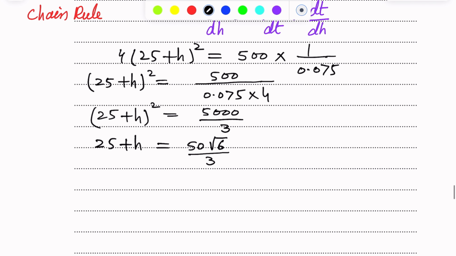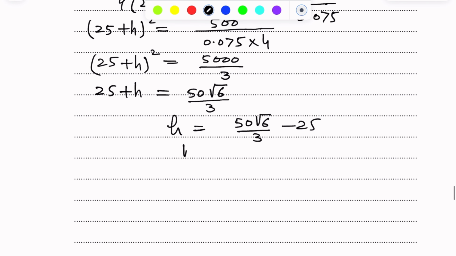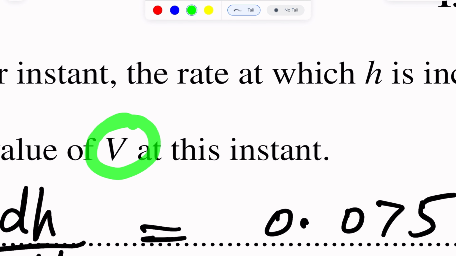Now h will be 50 root 6 over 3 minus 25. After calculating, we get the value of h in decimal places, that is 15.825. This is the value of h. But actually we have to find the volume at this instant.